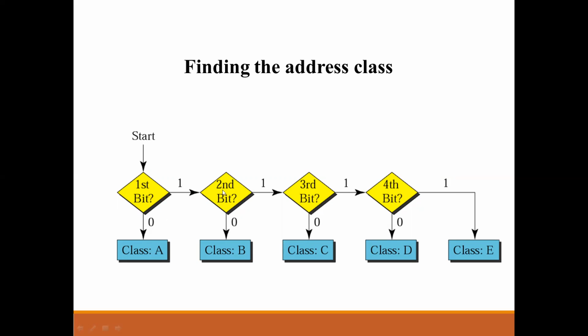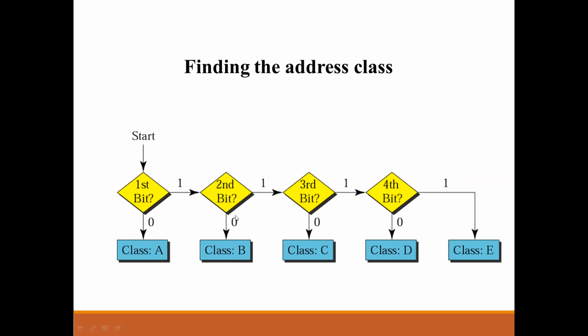If the second bit is 0, then that is class B, meaning the first bit is 1 and the second bit is 0, which is the class B addressing system.